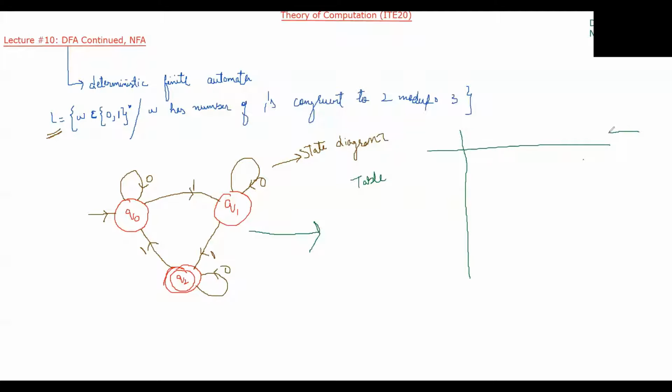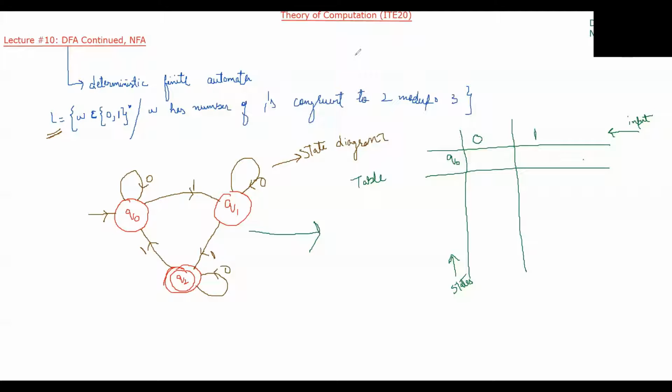From this side we have the input, and from this side we have states. We always start from the initial state, that is Q0, and here we have input. The possible inputs are 0 and 1.